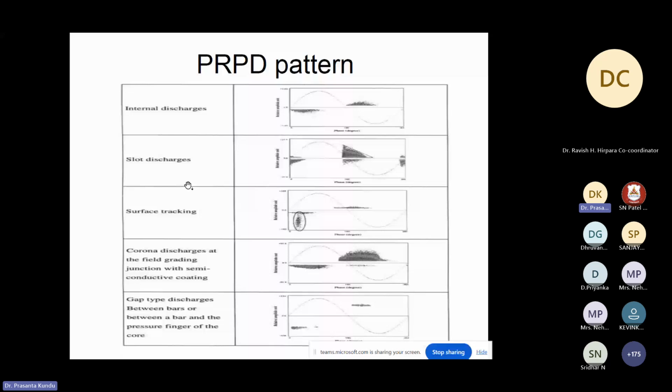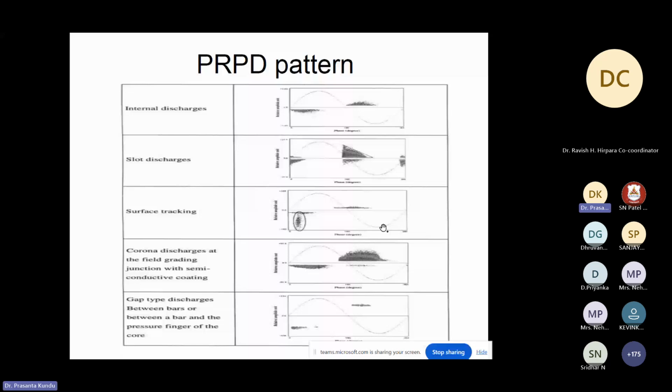Each type of discharge will give you a different type of PRPD pattern. From there we can identify the type, and you can adapt any AI technique to classify this in online methods.